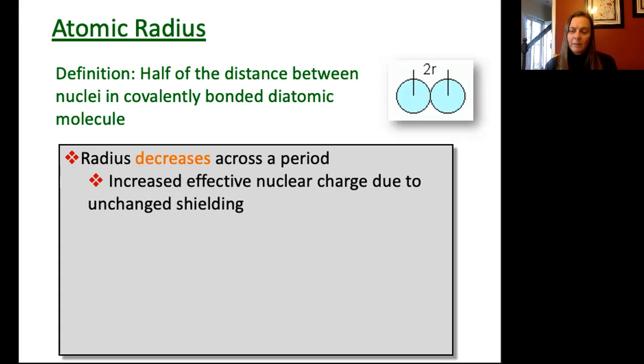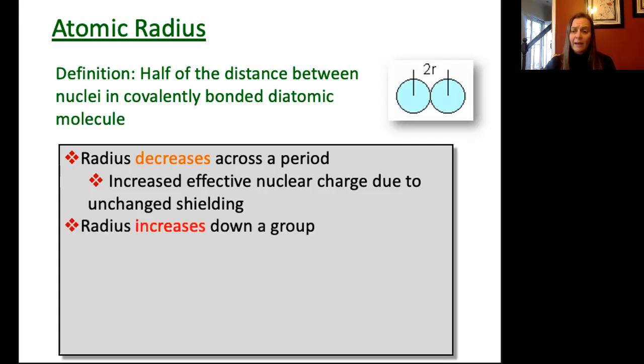And the way we talk about that is called increased effective nuclear charge. So when we talk about effective nuclear charge, we're talking about the charge of the nucleus, so the number of protons, minus the number of electrons that are in those inner shells. And as we go across a period, the number of electrons in the inner shells, inner energy levels, is not changing, but the number of protons is increasing. And so that attraction is increasing.